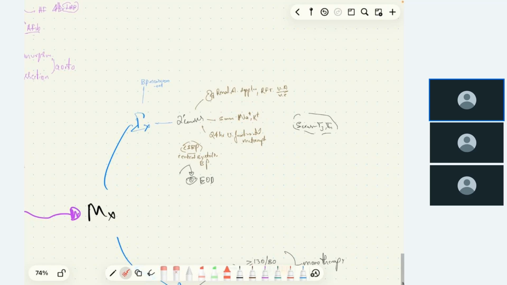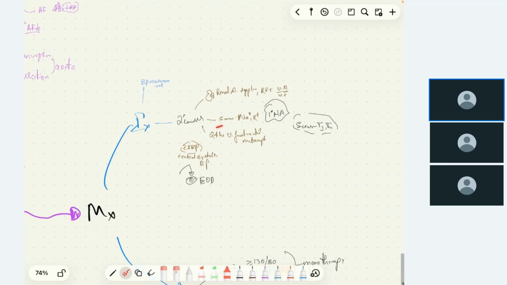Estimation of serum sodium and potassium levels also helps us find out if the patient has primary hyperaldosteronism, where we see increased sodium levels and decreased potassium levels, that is hypokalemia. We should also do TFT, thyroid function test, because we know hypo and hyperthyroidism are secondary causes of hypertension.